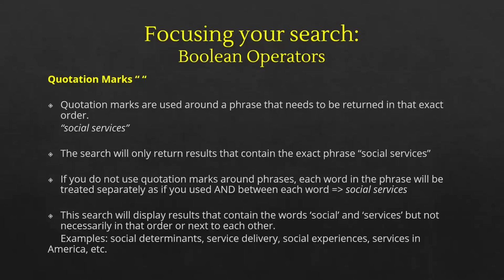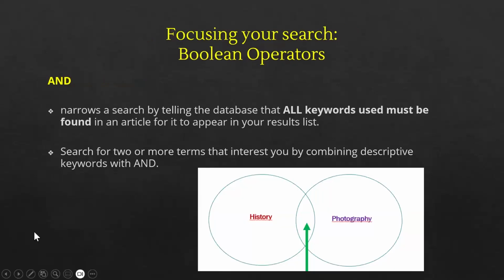By using the quotation marks, it will only pull out information related to social services in particular. Otherwise it could pull things as random as social experiences, services in America, social determinants, and as you can see, that is not relevant to your search for social services in particular. So it's just a nice way to refine the search a bit more.